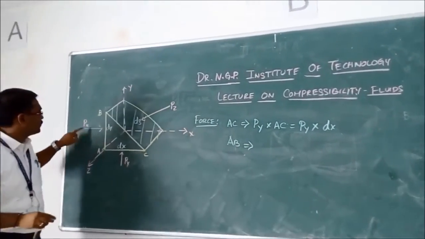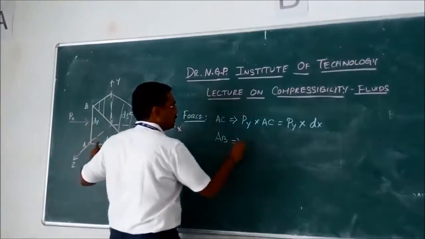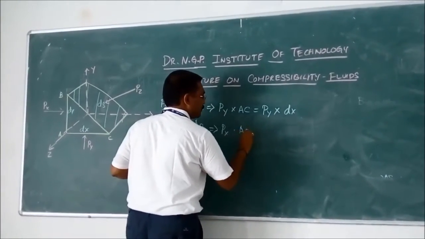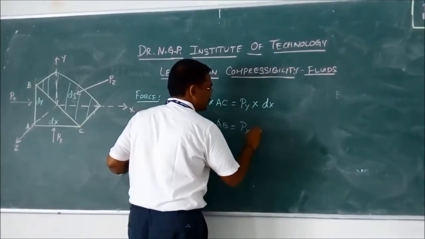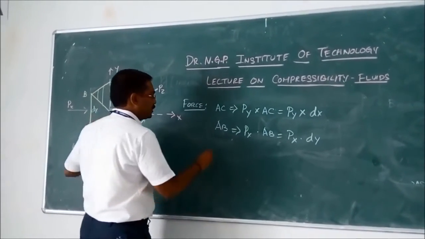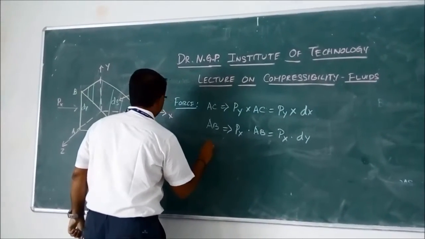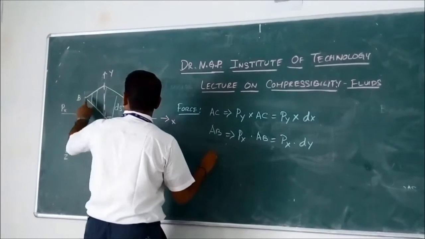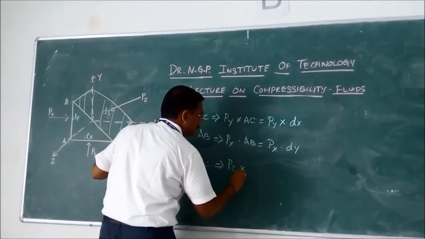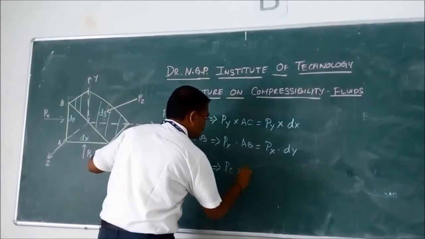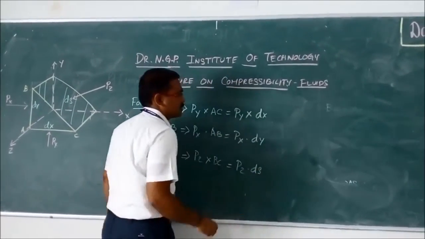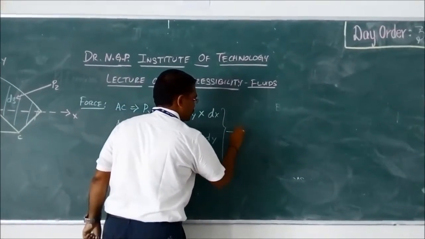The force acting on face AB is given by Px into AB, which is equal to Px into dy, because AB is nothing but dy. Similarly, the force acting on BC is given by Pz into BC, that is Pz into ds. So this is my equation 1.